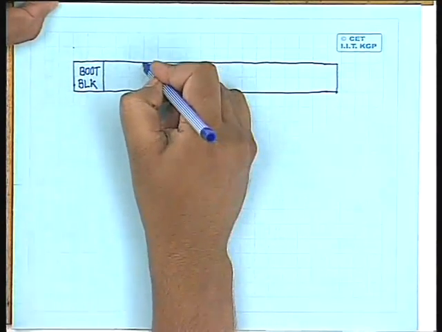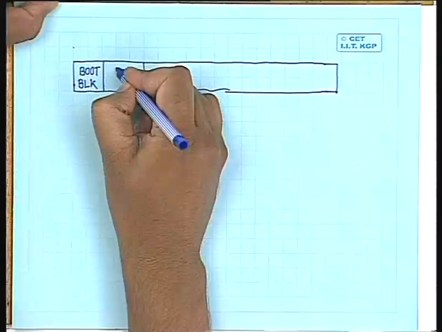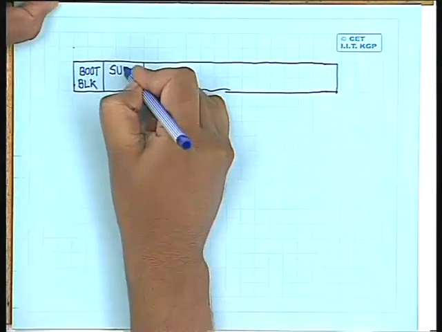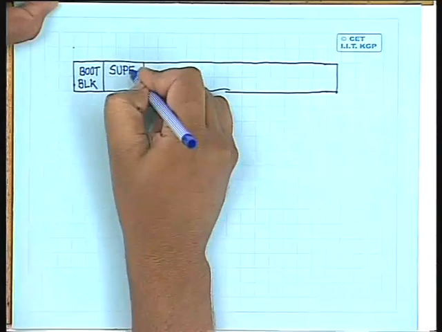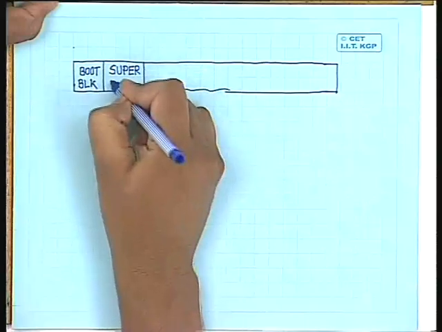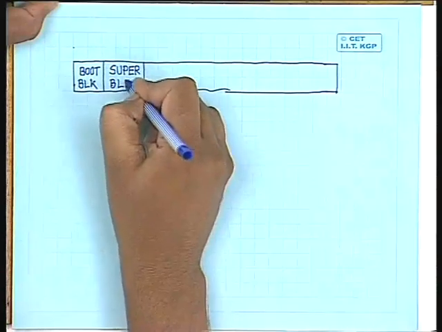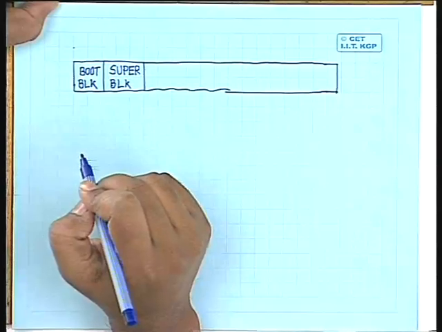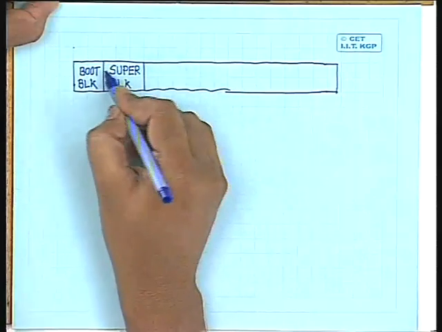The next few blocks, one or more blocks, are called super blocks. Now this is a layout which I am describing with reference to the Unix file system layout. Okay.